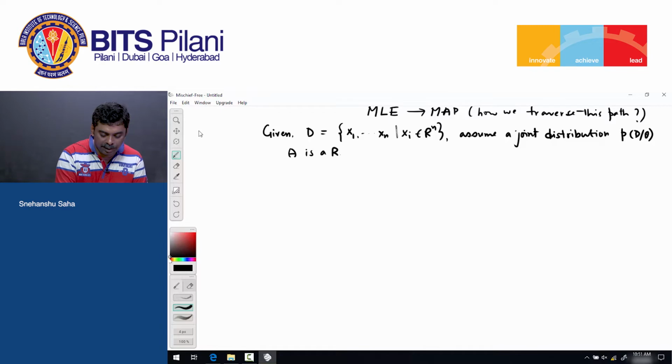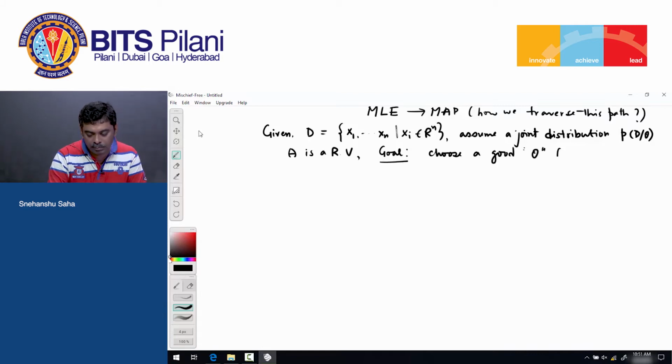I hope you know what a random variable is. It's actually a function that maps to real numbers. The goal is to choose a good parameter theta. We can interpret this theta as a hypothesis.